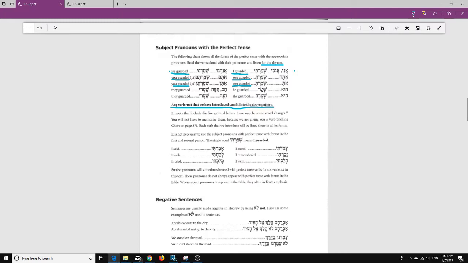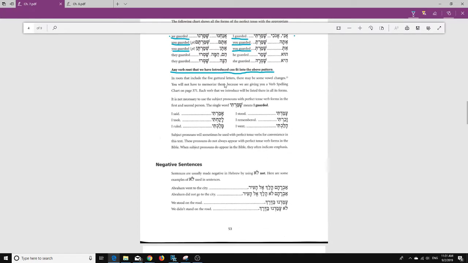Now, even though they can all fit in this pattern, some verbs change the pattern just a little bit. Typically, we're going to call these weak verbs. There's something about them that makes them not able to take the normal pattern.